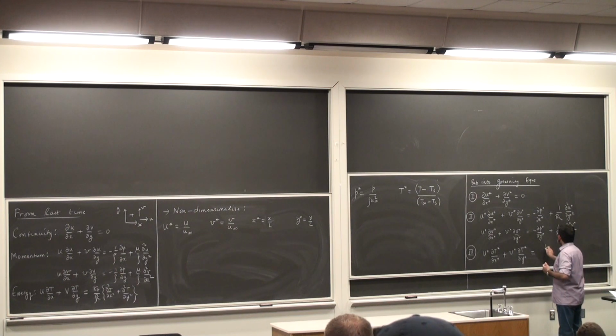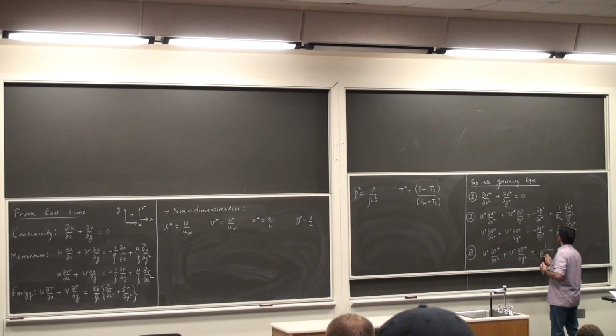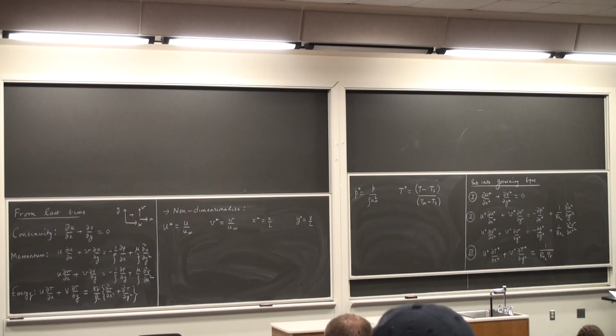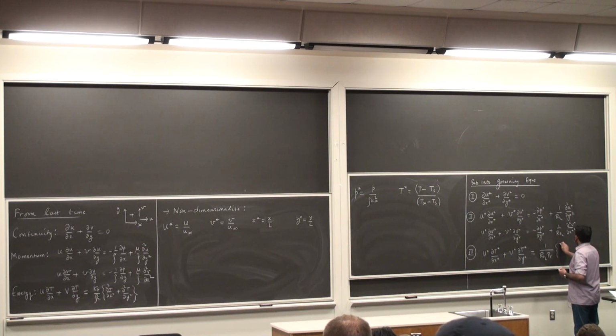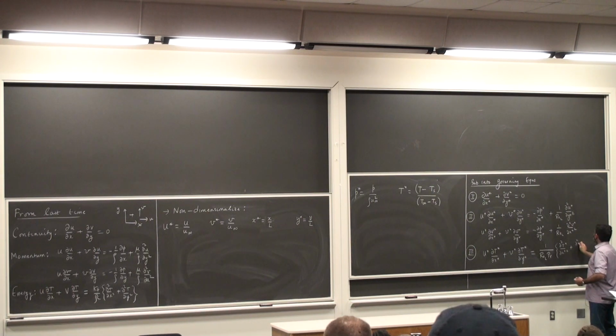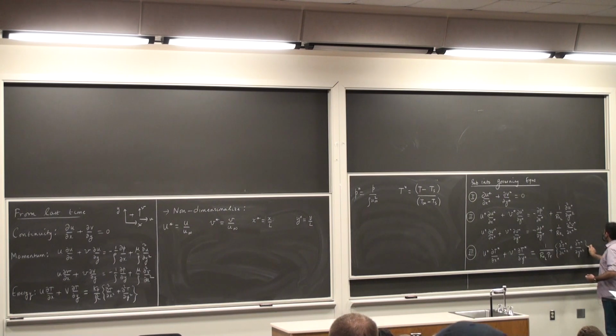So this is 1 by Re_L Pr, Pr is the Prandtl number, okay, and multiplied by d square t star by dy star square.